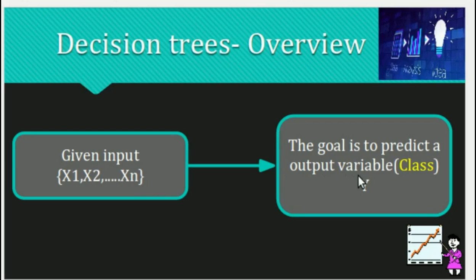The prediction can be achieved by constructing a decision tree with test points and branches. Classification trees are applied to output variables that are categorical in nature, for example, yes/no kind of output. Now it is time to review some basic terms associated with decision trees such as root node, leaf node, and depth of tree on the next slide.